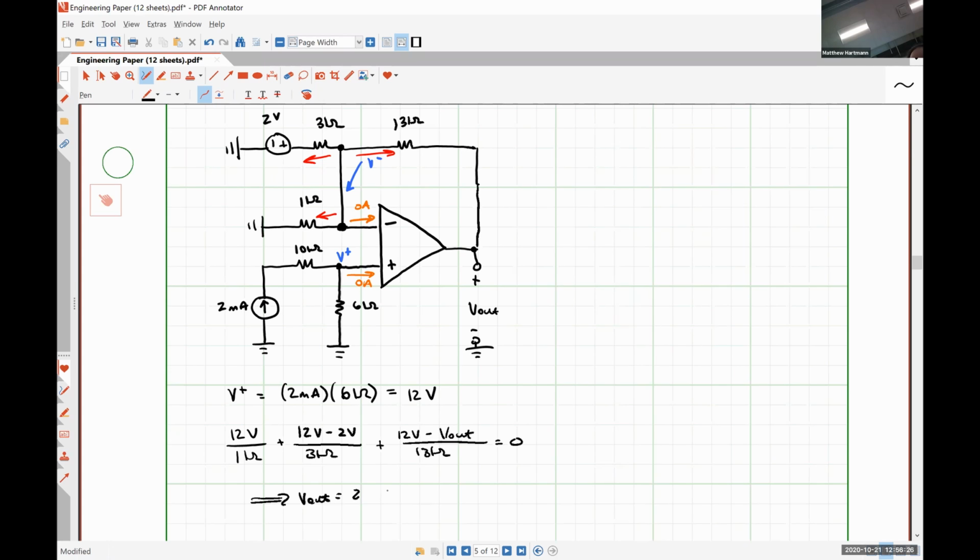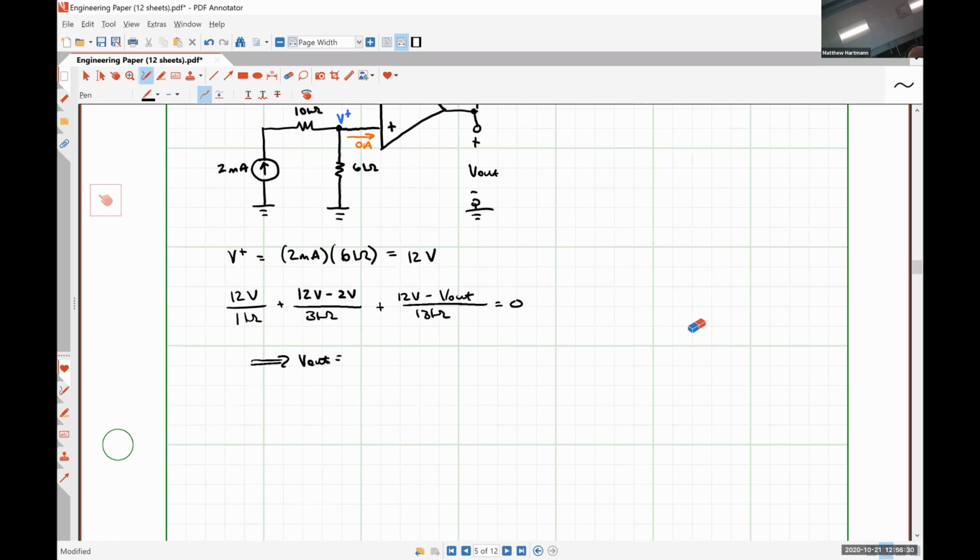I got 211.333 volts, but I want to double check that because that seems excessively large.